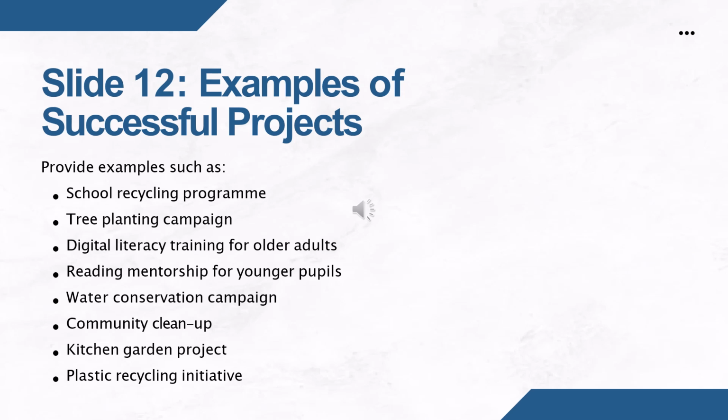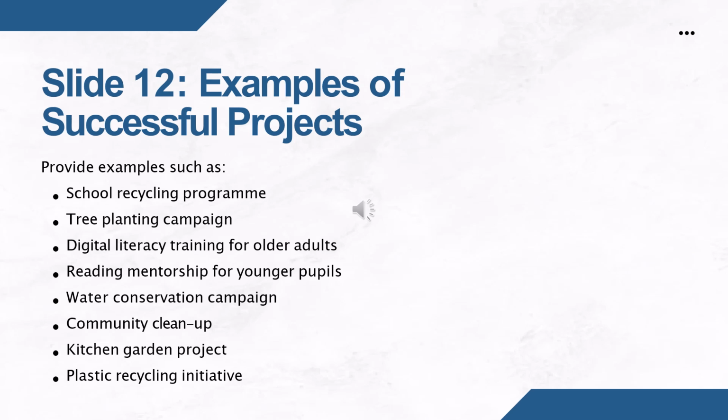Other examples include a water conservation campaign to encourage responsible use of water, a community cleanup to create a healthier environment, a kitchen garden project to promote food security and healthy eating, and a plastic recycling initiative that turns waste into useful products while protecting the environment.